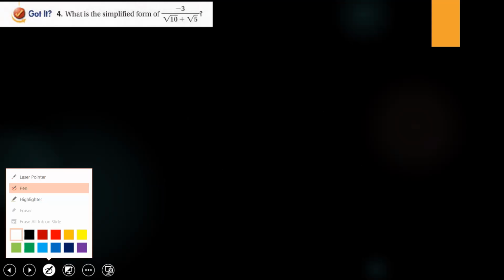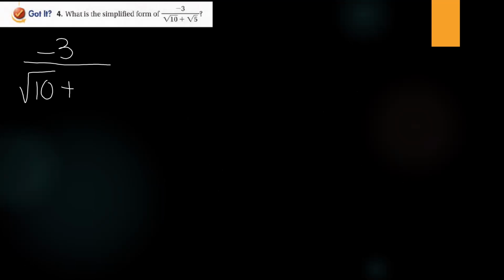Yeah, let's continue now. Let's do this example here. Here we have the sum, negative 3 over square root of 10 plus square root of 5. As we see here, we have a square root in the denominator.